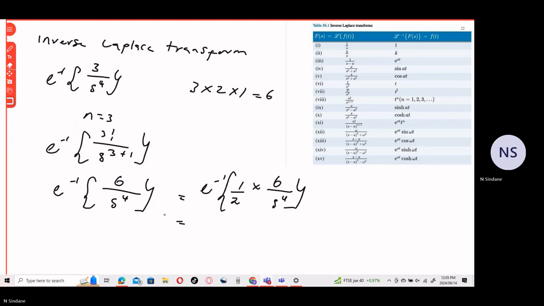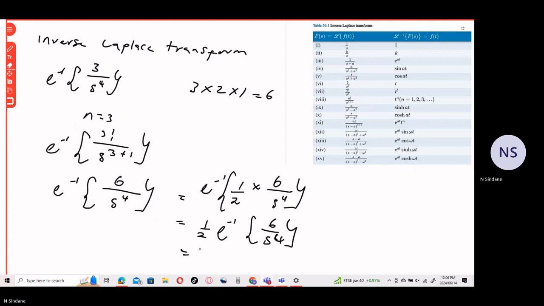Now, this I can take out, which will be 1 over 2 inverse Laplace of 6 over s to the power 4.